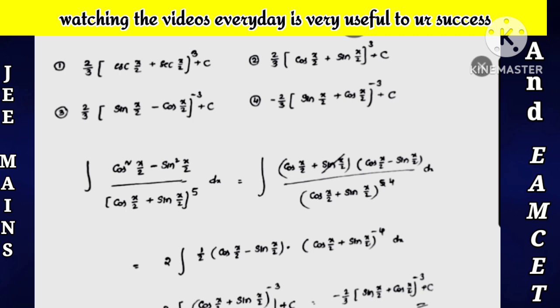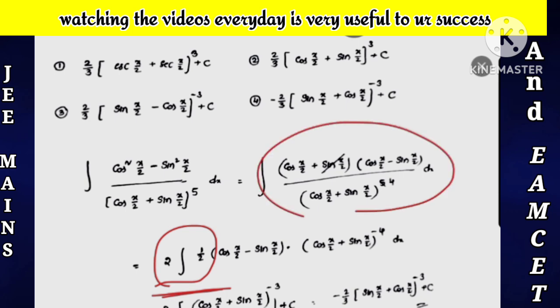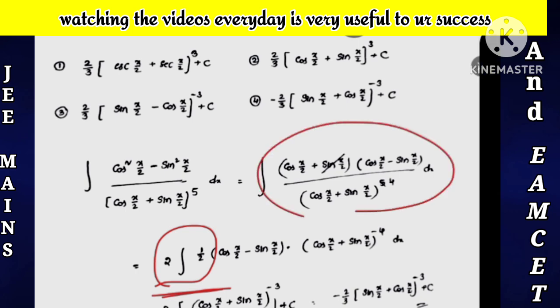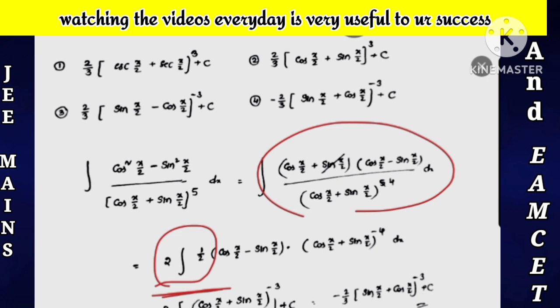Now here I am applying the value 2 and 1 by 2 like that, 2 into 1 by 2. What is the remaining value of the numerator? Cos x by 2 minus sin x by 2. Now I am writing the denominator value as (cos x by 2 plus sin x by 2) power minus 4.